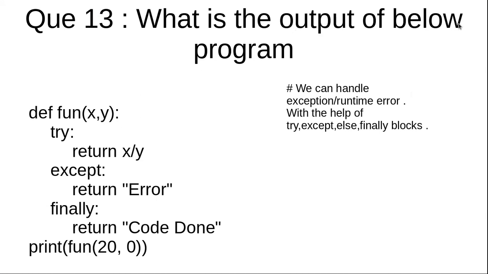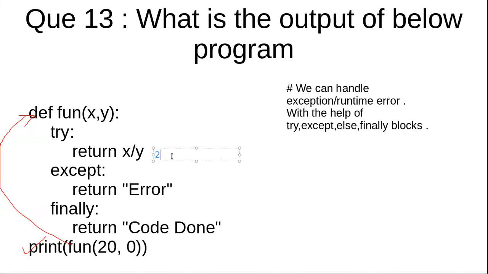What is the output of this? First, the cursor goes to this print statement, print of fun of 20 comma 0. Then it calls the defined function with x equal to 20 and y equal to 0.